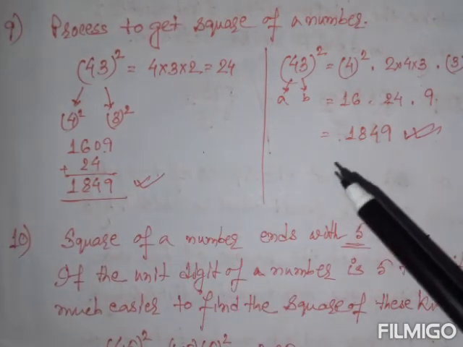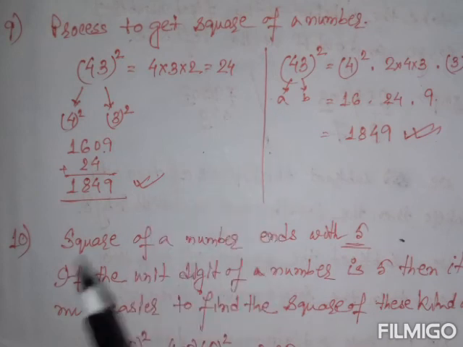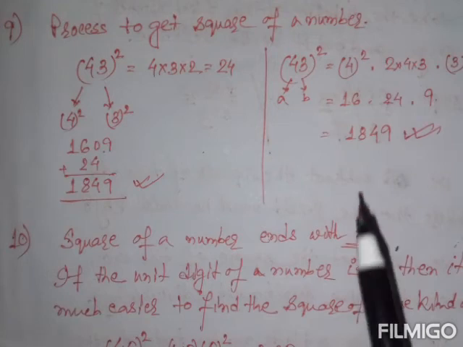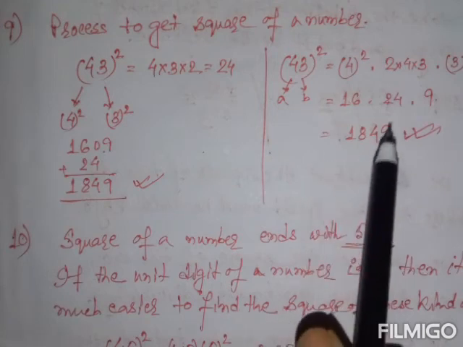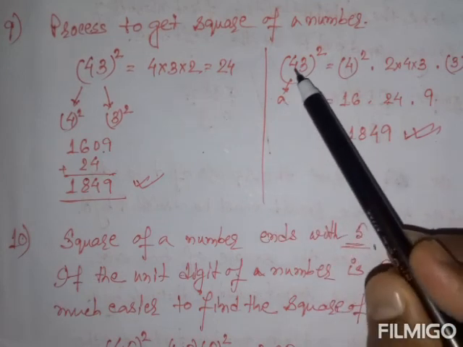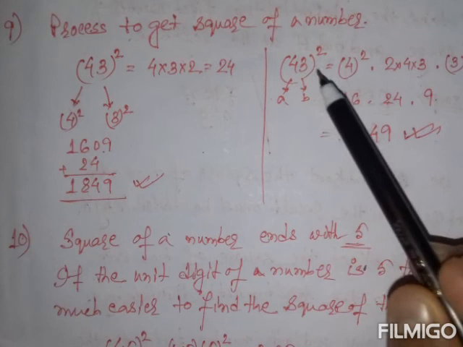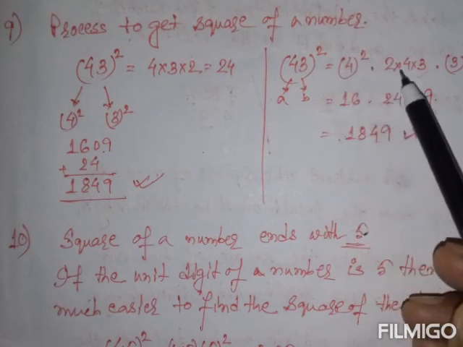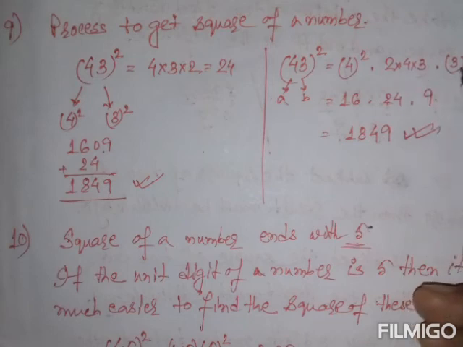This is another process to solve that. We know the formula (a plus b) whole square is a square plus 2ab plus b square. We can write it out here. Let a be equal to 4 and b be equal to 3. So we write a square means 4 square, 2ab means 2 into 4 into 3, and b square means 3 square.